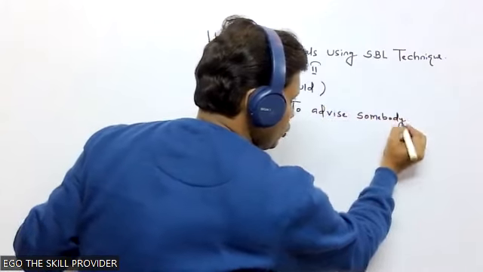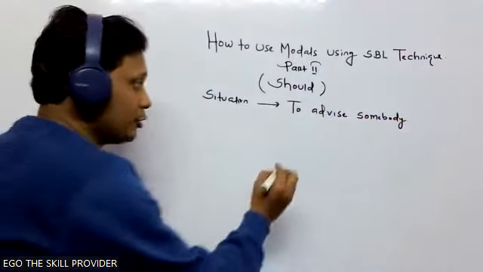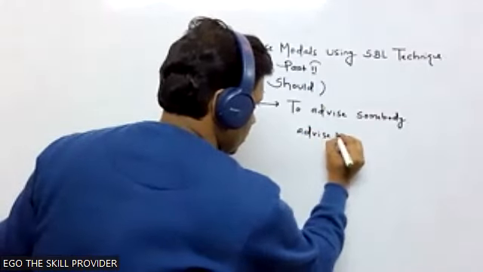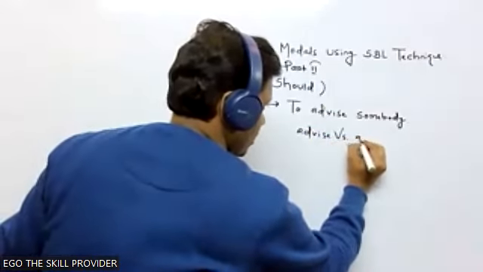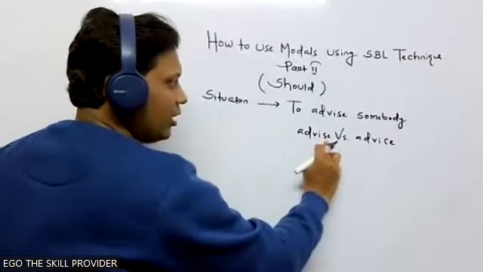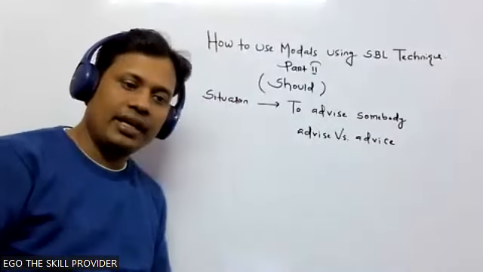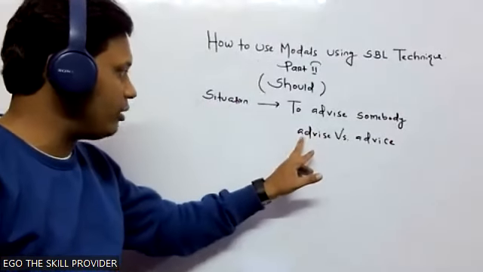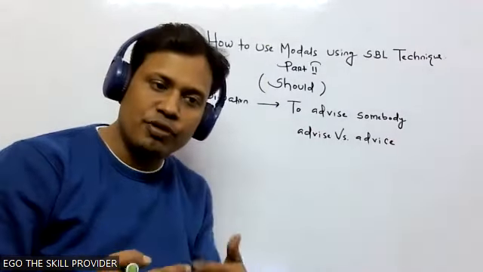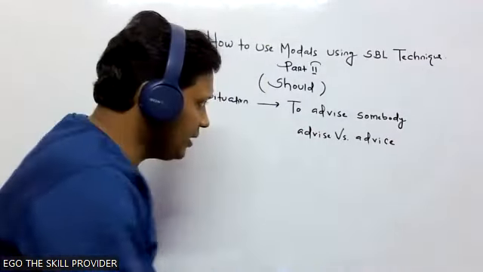There is a difference between, look at the spelling, advice versus advise. Here S is there, here C is there. Can anybody tell me what the difference is? Both have the same pronunciation, but there is a difference.